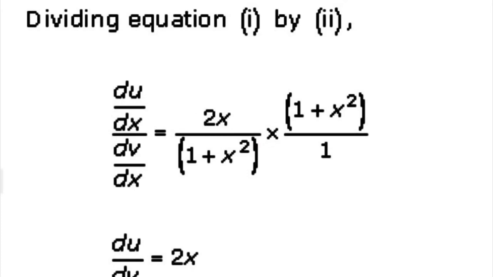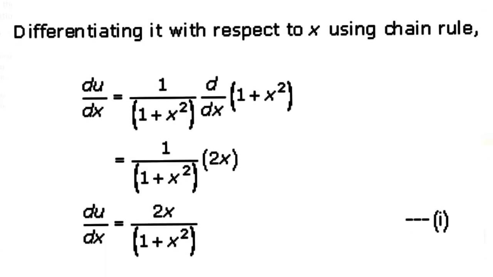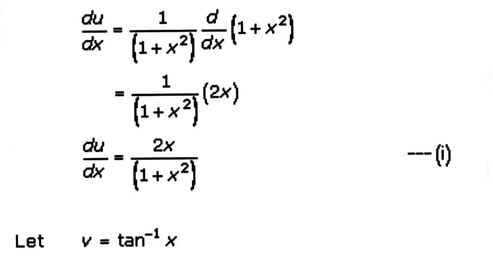So the denominator will reverse, it will be 1 plus x square upon 1. So 1 plus x square and 1 plus x square will get cancelled. So, du upon dv equals 2x. Let's go through this solution once again.